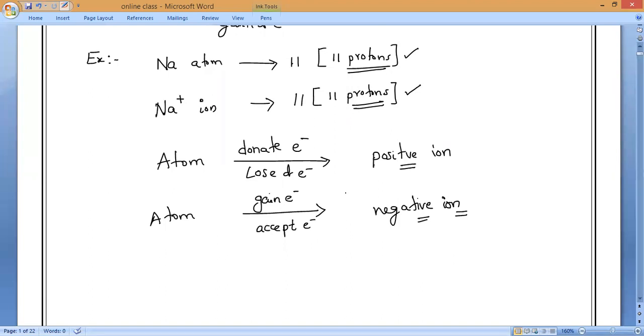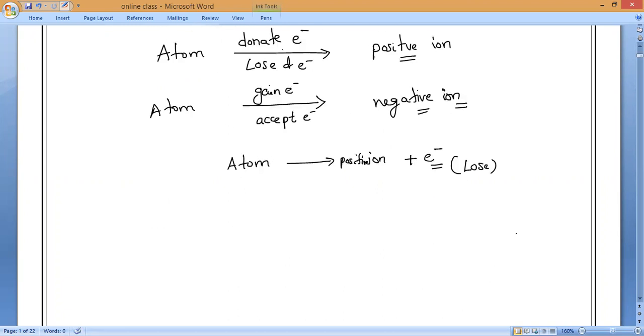And one more thing I am saying: loss of electrons, we will write on the product side. Please remember, atom turns into ion, and the electrons are written here. So it is a positive ion, electrons are lost. This is the product side I am writing. If the same lost electrons come on the reactant side, what is this?